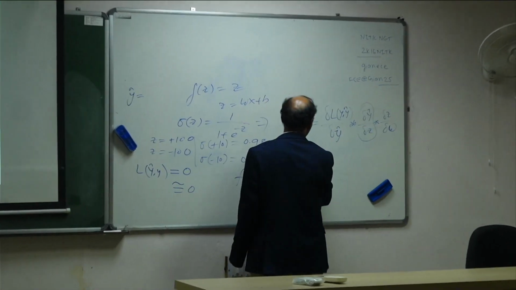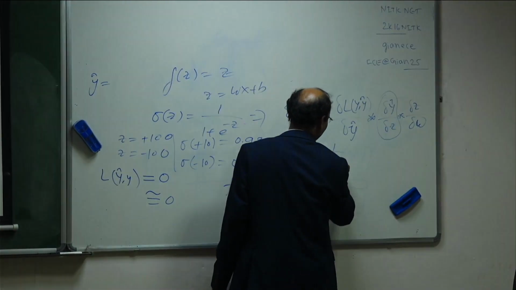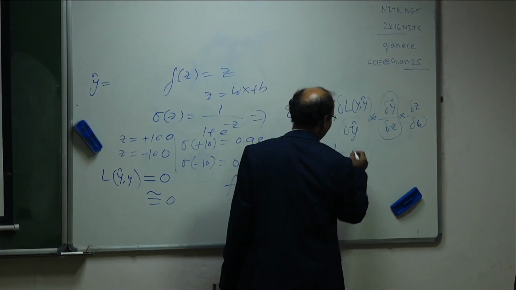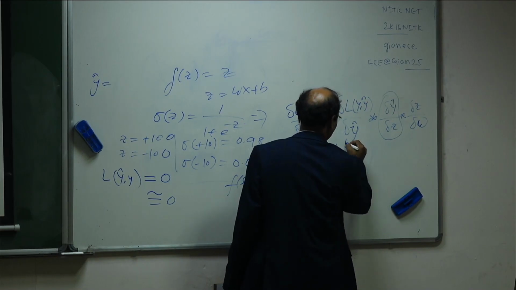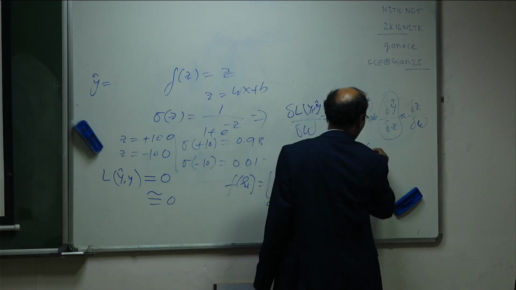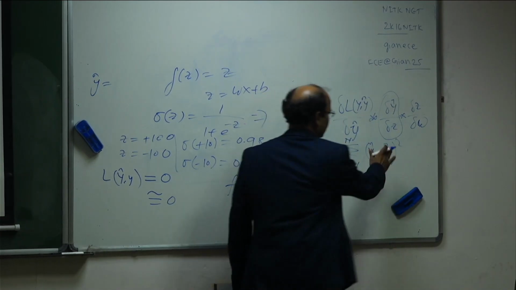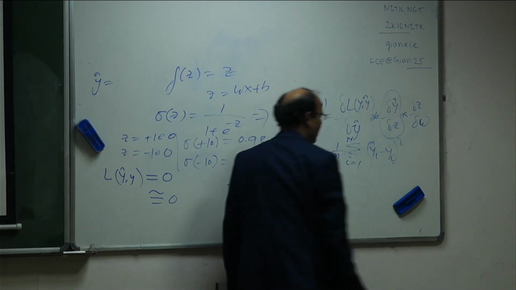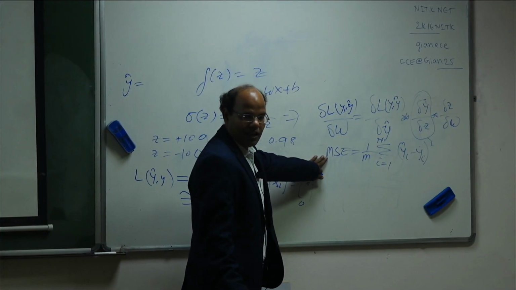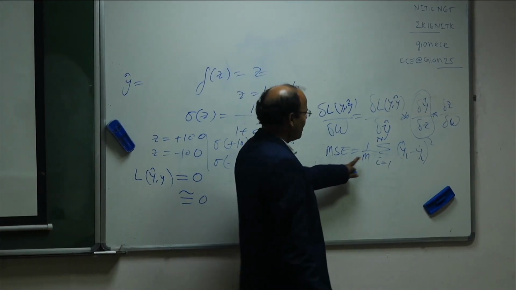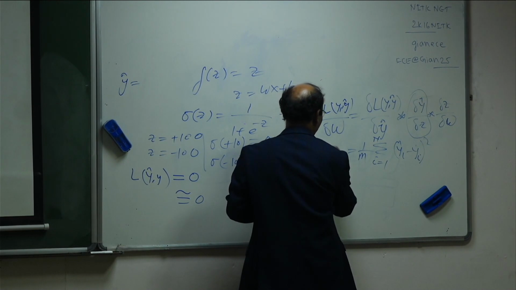Let's assume that your loss is MSE, right? 1 by N, sum of i goes from 1 to N of (y_i hat minus y_i) squared, right? So if you want to build an ML model here, the loss is this, and this part you can write as loss (y, y hat), right?